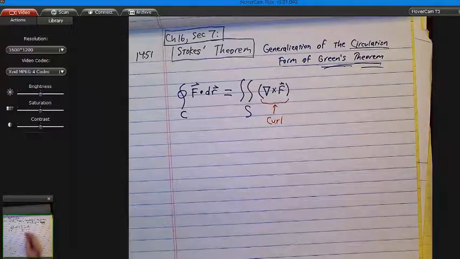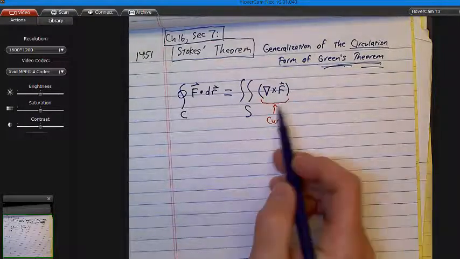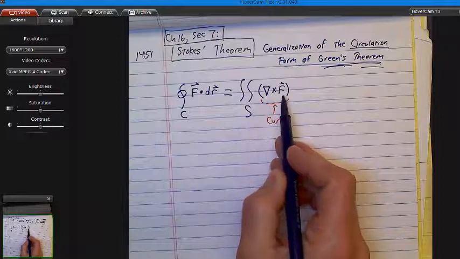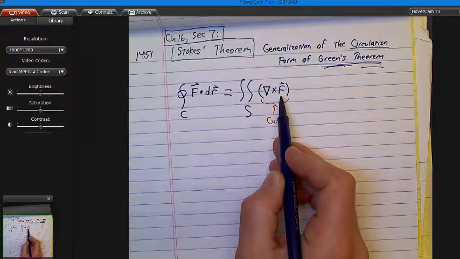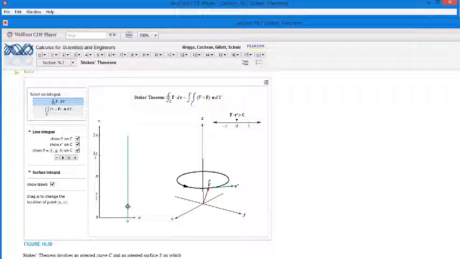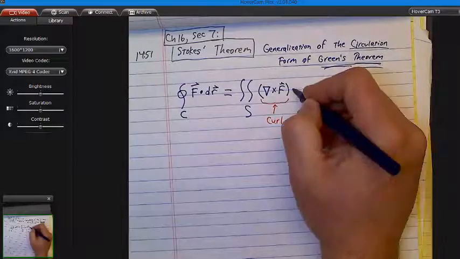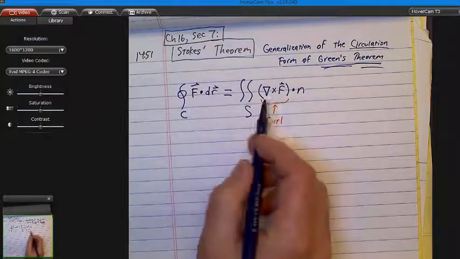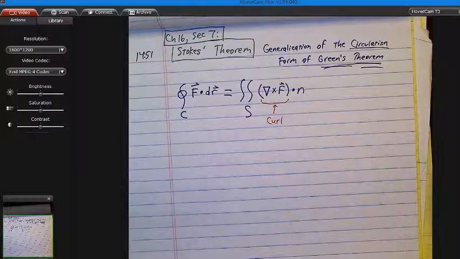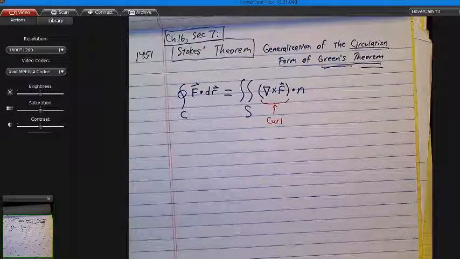And then we're going to write, check this out. When you take a cross product, you get a vector, and then they say dot n. Why do they say dot n? Remember that's what we did in the last problem with the surface integral. You need to have the normal component, so that kind of makes sense.